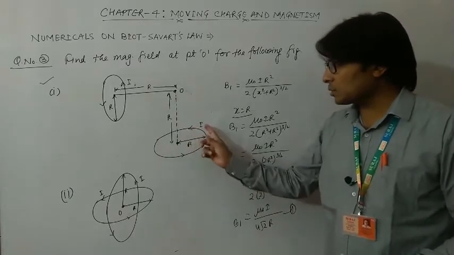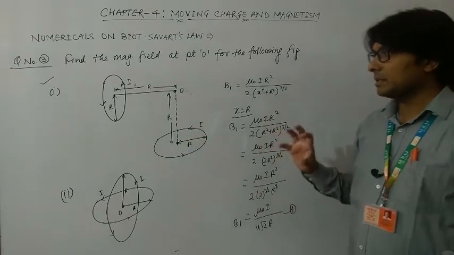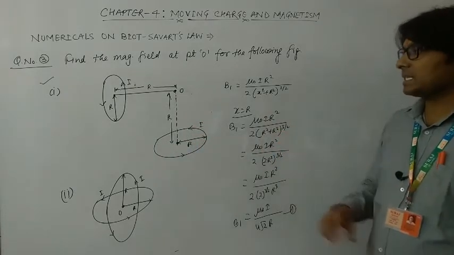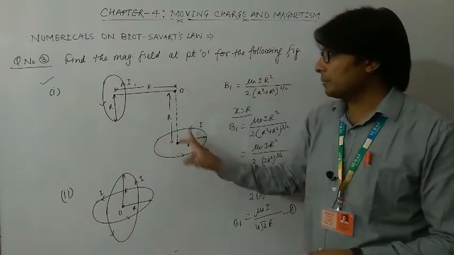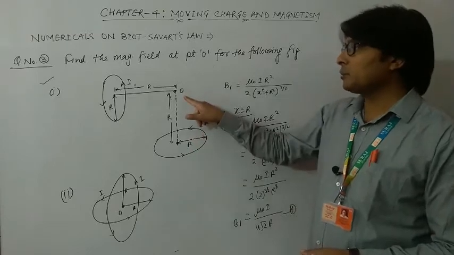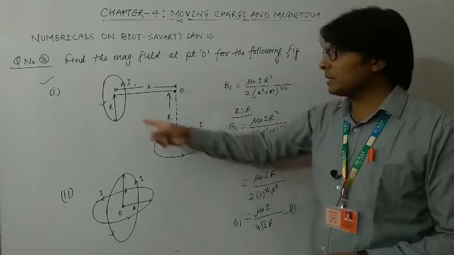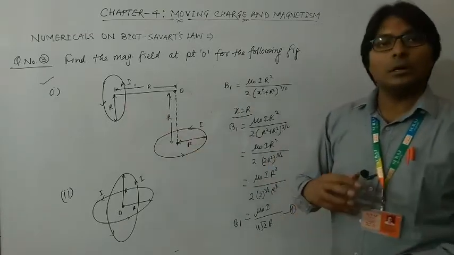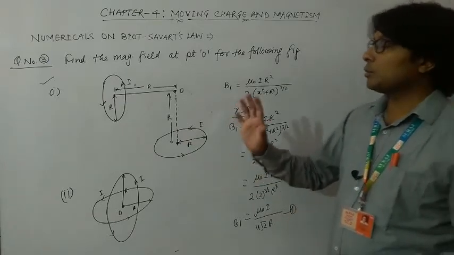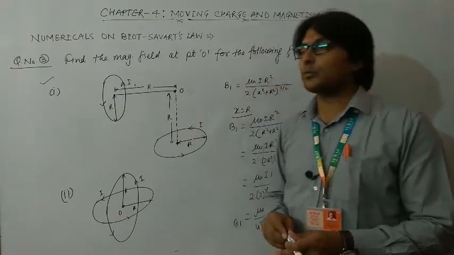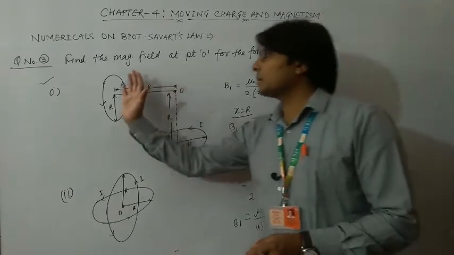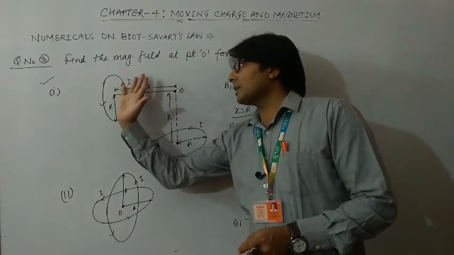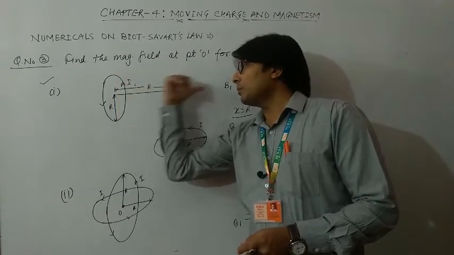and the current is also I, but the main point here is what is the direction of B1 and B2. At point O the direction of magnetic field due to this loop and this loop will be different. For finding out the direction of magnetic field, we use right hand thumb rule, and using right hand thumb rule the direction of magnetic field due to this loop at point O will be in this direction.